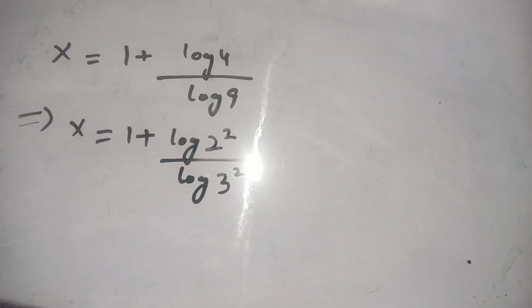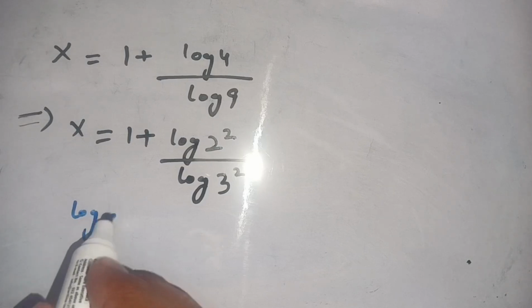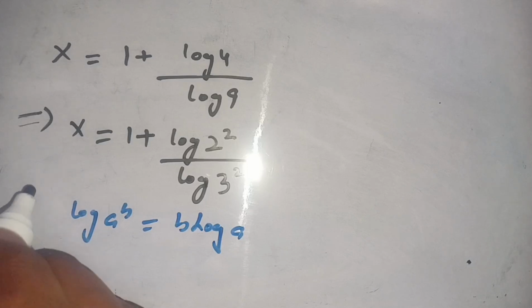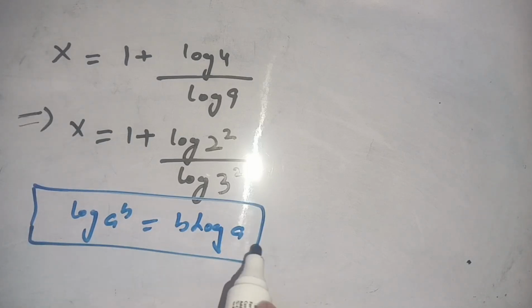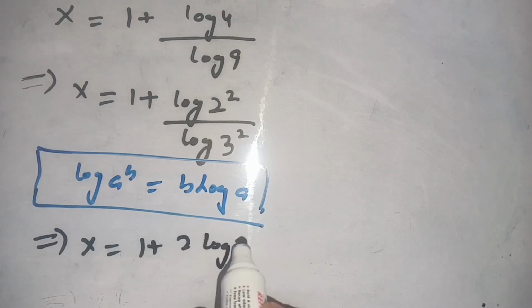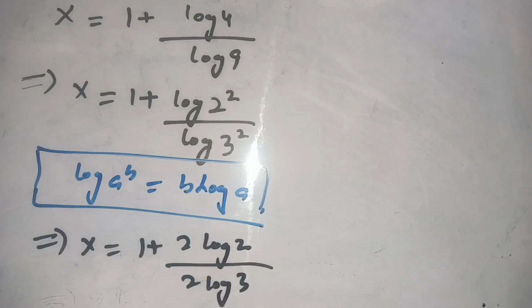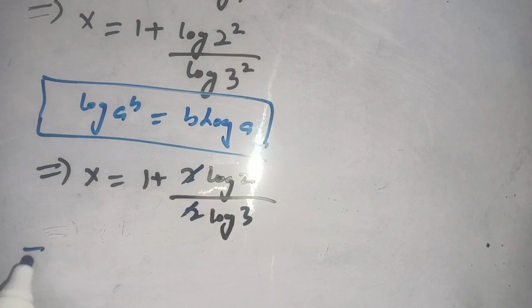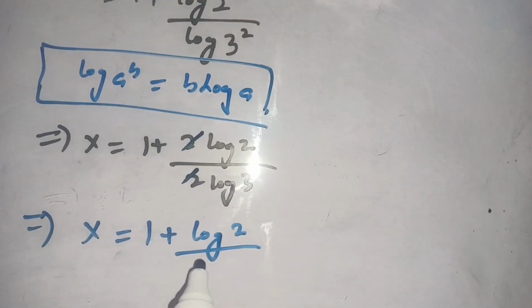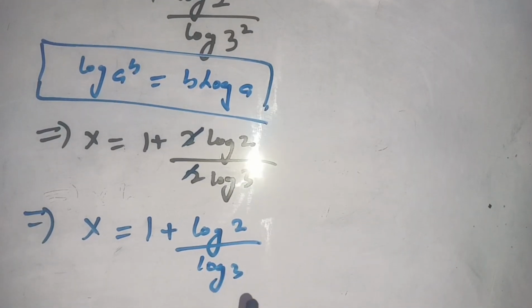Now in the next step we use the logarithm property, log of a power b is equal to b log of a, as we used previously. x is equal to 1 plus 2 log of 2 divided by 2 log of 3. Now we can cancel out this 2 with this 2, which gives x is equal to 1 plus log of 2 divided by log of 3.